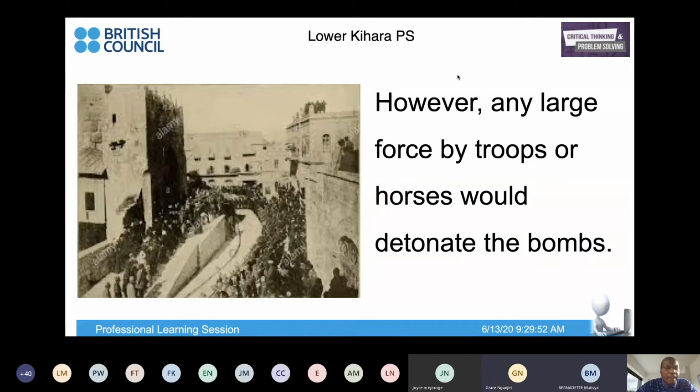However, any land by troops or horses would detonate the bombs.